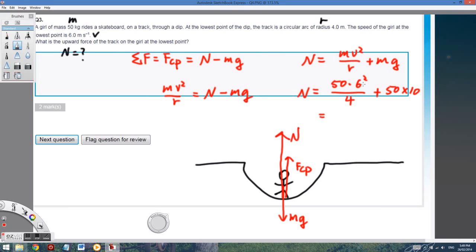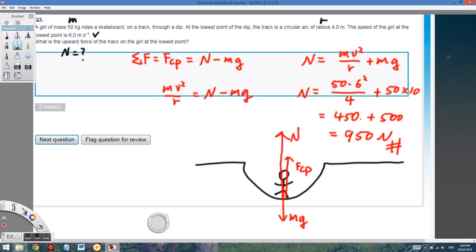Now, if you do the math, 1800 plus 500, the normal force will be 950 newtons.